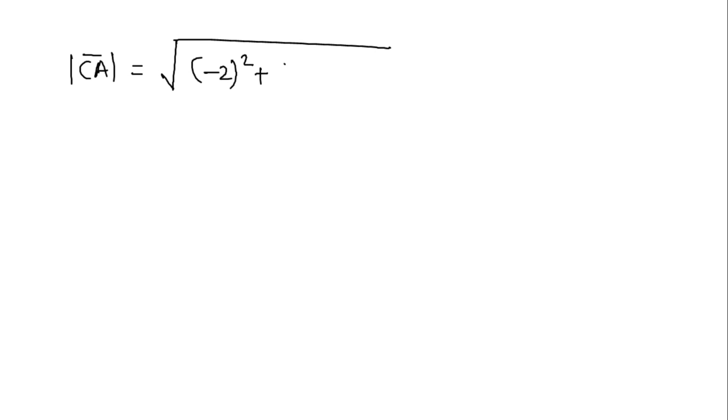As we know, the magnitude of any vector can be obtained by taking the square root of the summation of squares of its corresponding components. So I take a square root here, and inside it is the summation of minus 2 square, then minus 4 square, and lastly minus 6 square. So I go to the next step.